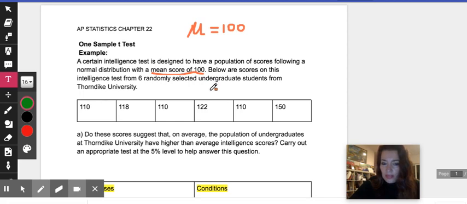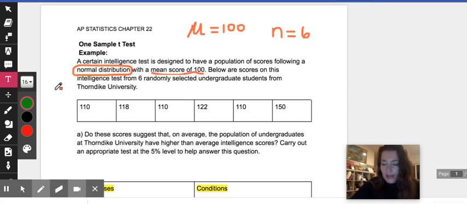Now, the important thing is our sample size is 6, however, which is less than the required 30. However, in the paragraph, it states that the scores are normally distributed. So that is important when we're stating and checking our conditions.